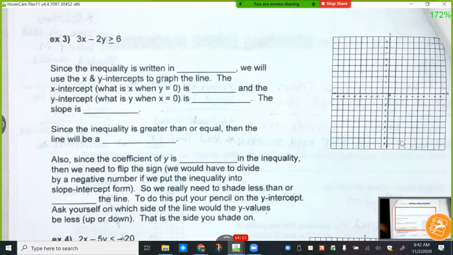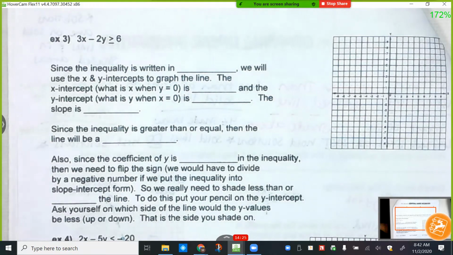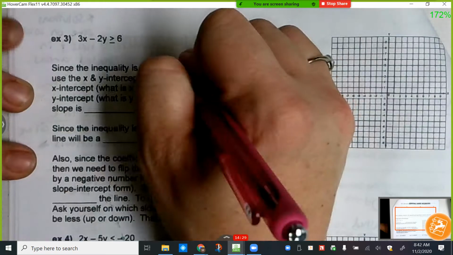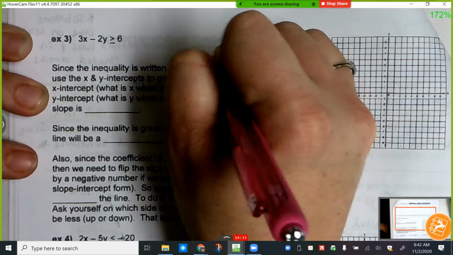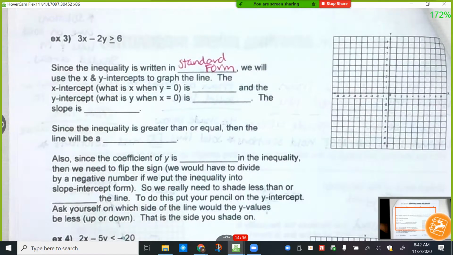What do we call that? The cover-up method. So we're going to plug in 0 for the opposite to find our intercepts, by just using the cover-up method. Okay, so knowing that, it says since the inequality is written in standard form, we will use the x and y intercepts to graph the line.